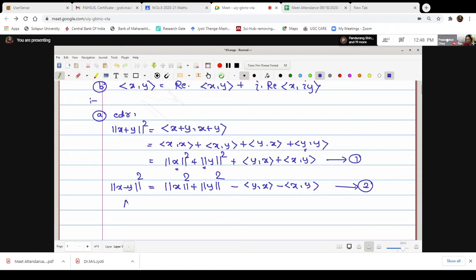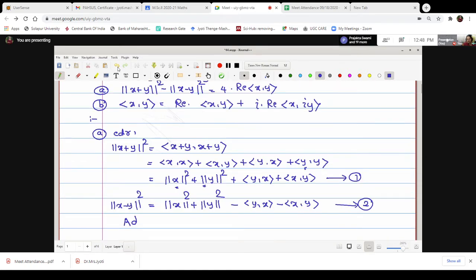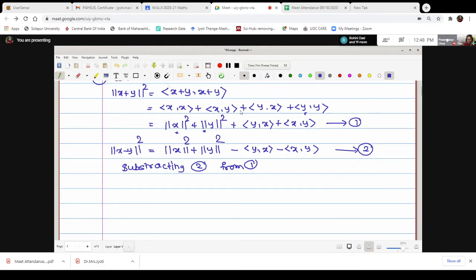Now what we want to do? We will subtract 2 from 1. What is the resultant if I subtract 2 from 1? These first two terms will cancel one another and the negative will become positive.